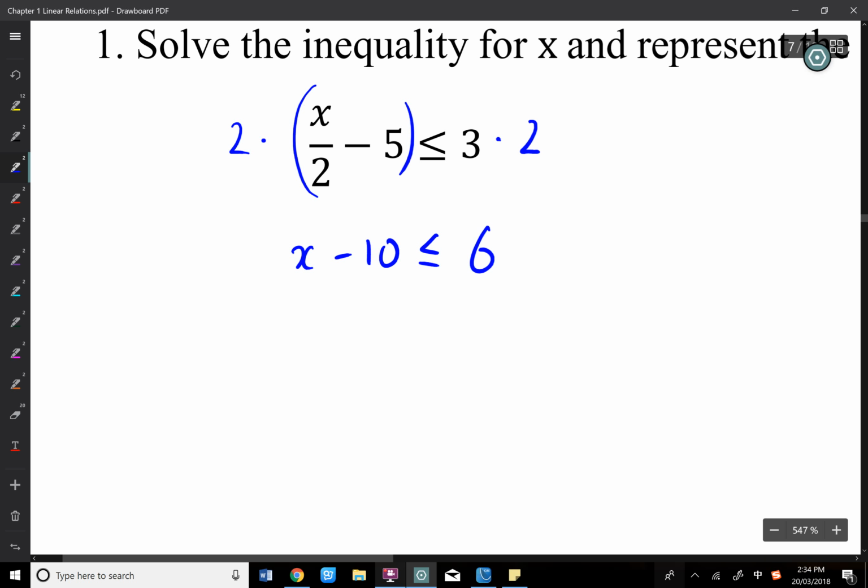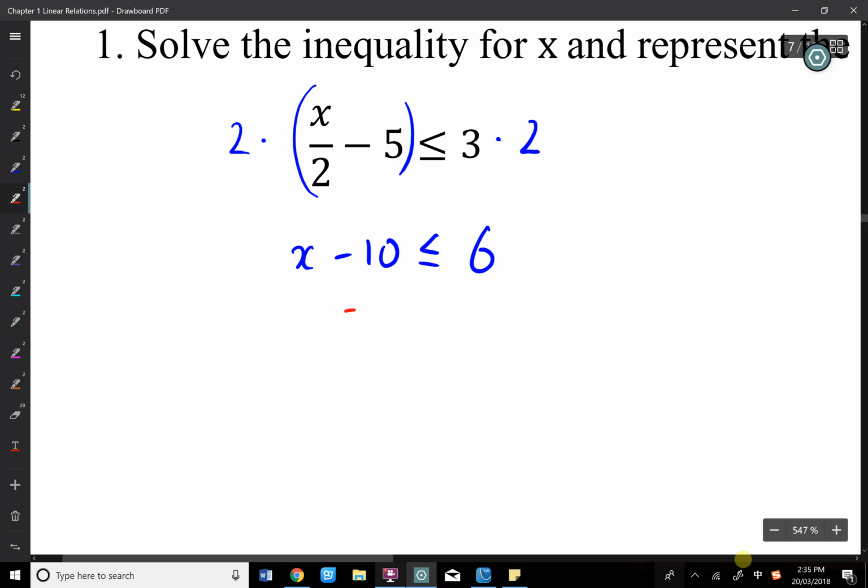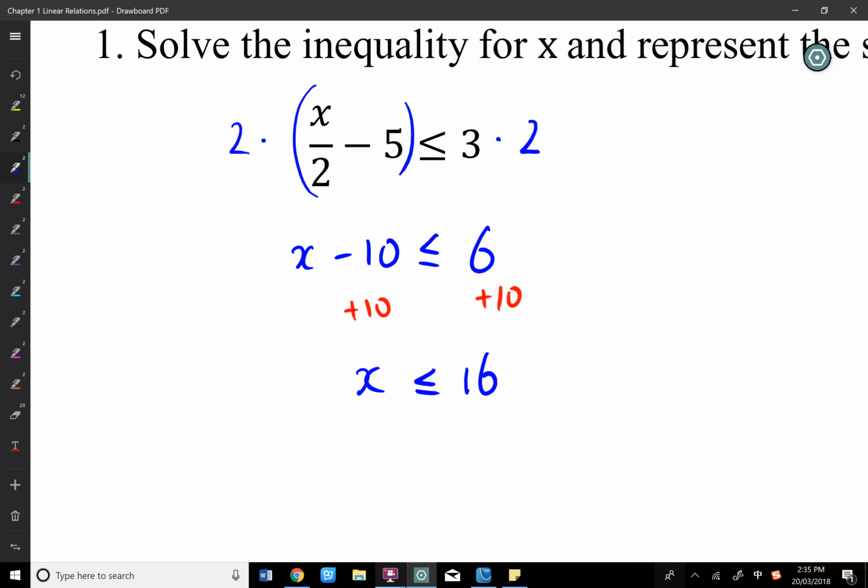If it's an equal sign, what will we do to solve for x? Plus 10 on both sides, because I want x on one side and a number on the other side. So x will be less than or equal to 16. I can plus or minus numbers, there's no restriction.